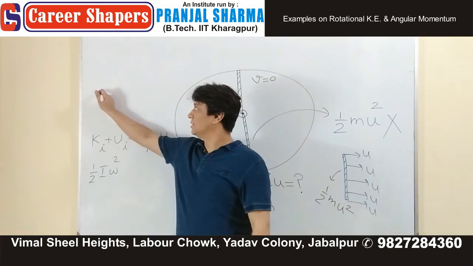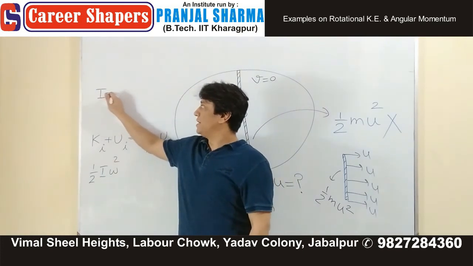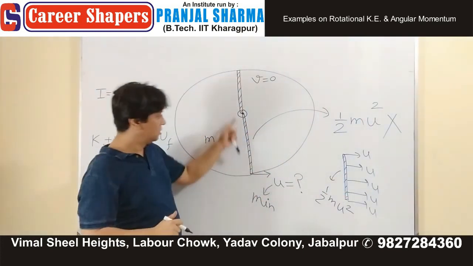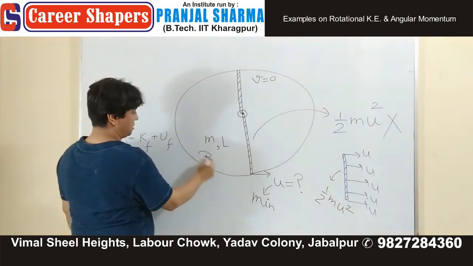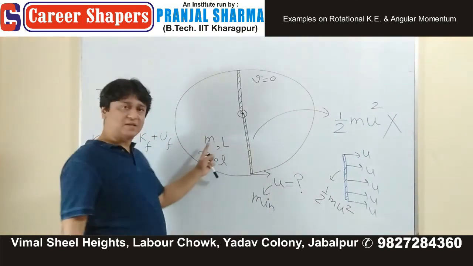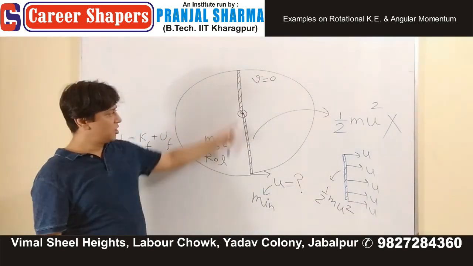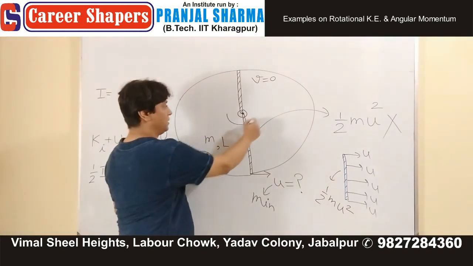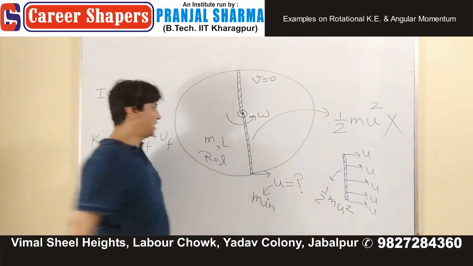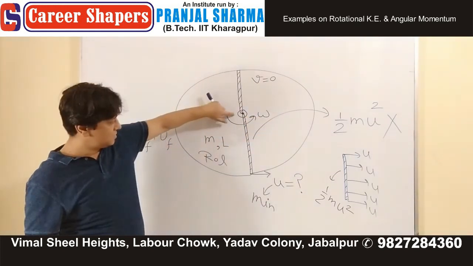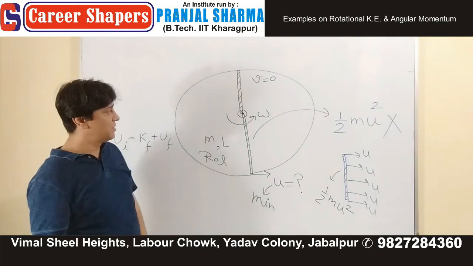So what is I? What is the moment of inertia of a rod? It's a rod of mass m and length l. Write down in the comment box fast. What is the moment of inertia of a rod which is rotating with angular velocity omega about its end? Write down this in the comment box fast.